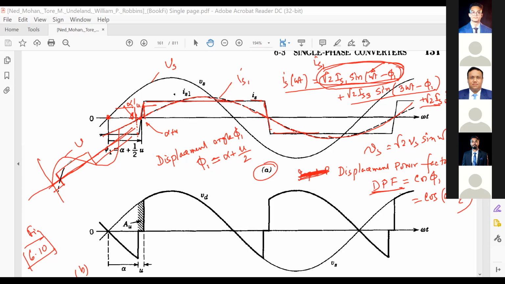So this one is the fundamental component, IS1. So this is your VS. So look here, what is the displacement power factor if LS is equal to 0?